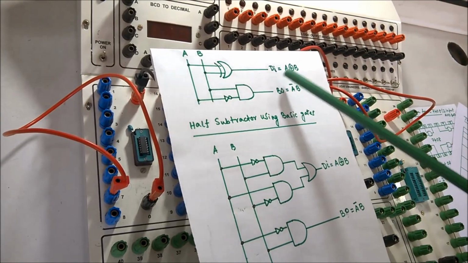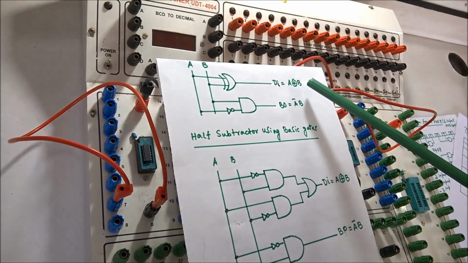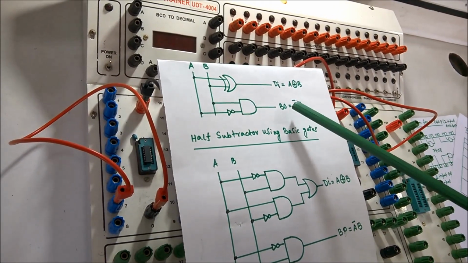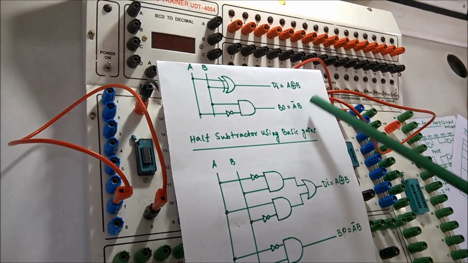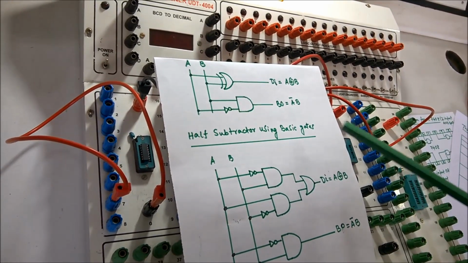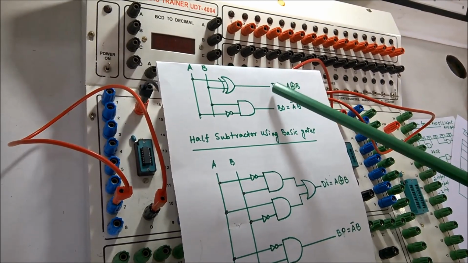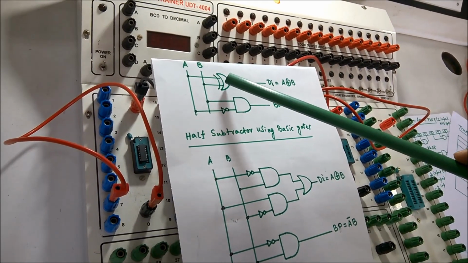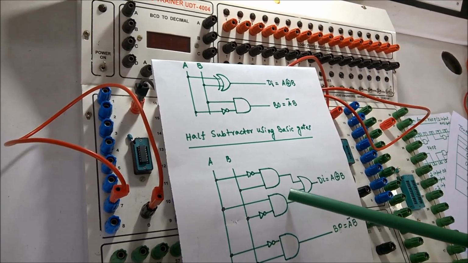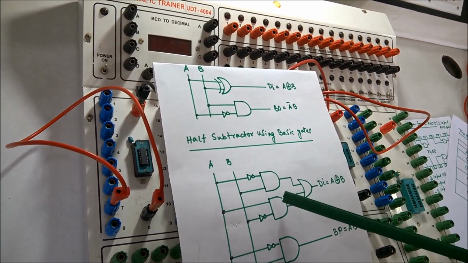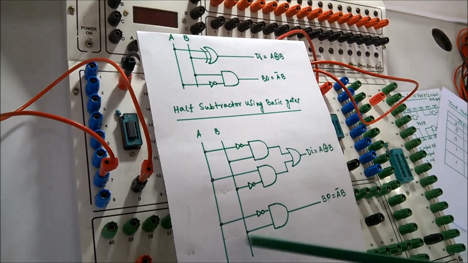The difference is A exclusive OR of B and borrow equals complement of A into B. I have shown the XOR gate because the basic gate conversion from the XOR gate is simple. Therefore, we are going to implement this circuit.